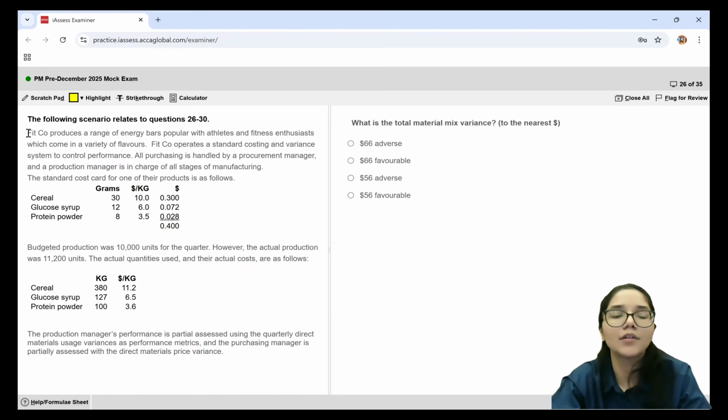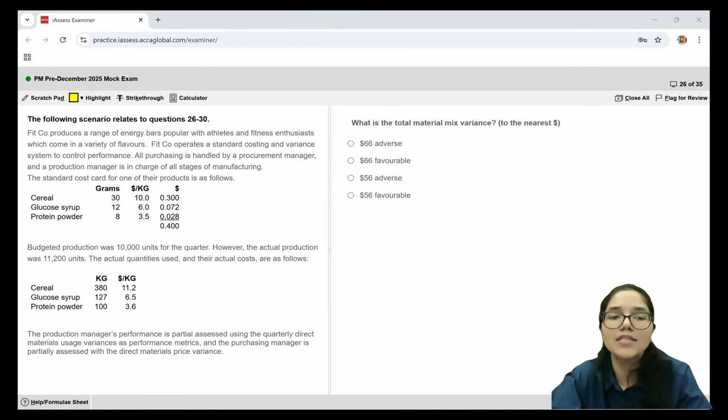Now here the question is telling me that Fit Company produces a range of energy bars popular with athletes and fitness enthusiasts, which come in a variety of flavors. Fit Company operates a standard costing and a variance system to control the performance. All purchasing is handled by a procurement manager, and a production manager is in charge of all stages of manufacturing.